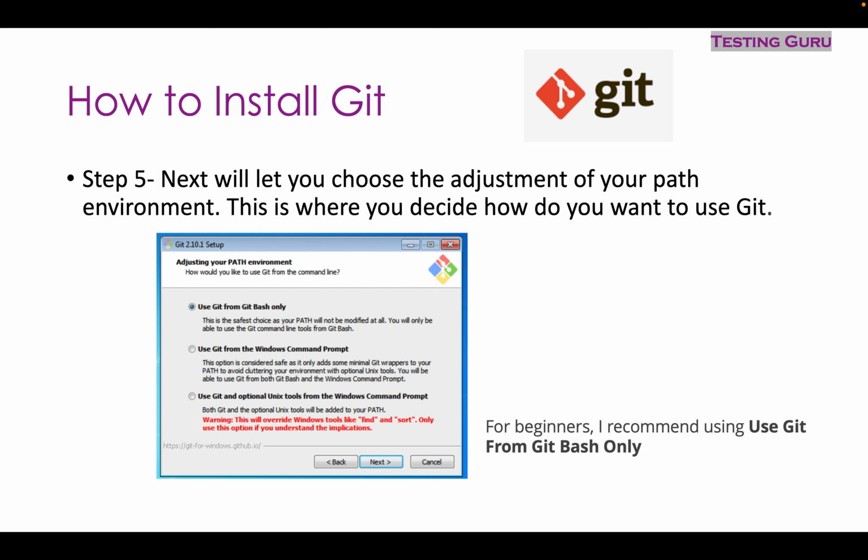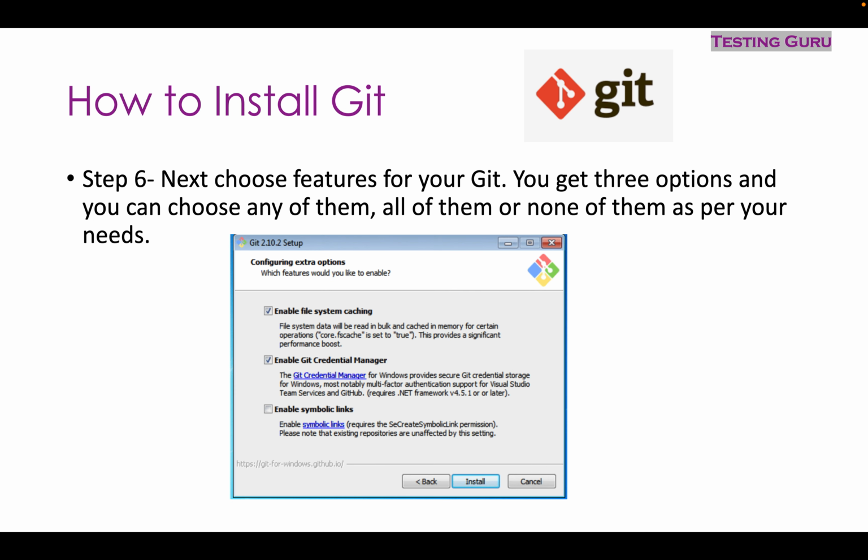And the last option is use Git and optional Unix tools from the Windows command prompt. It will allow both Git and optional Unix tools to be added to your path. But the recommendation for beginners is to always use the default one, which is Git Bash only. So we'll use that and we'll move on.